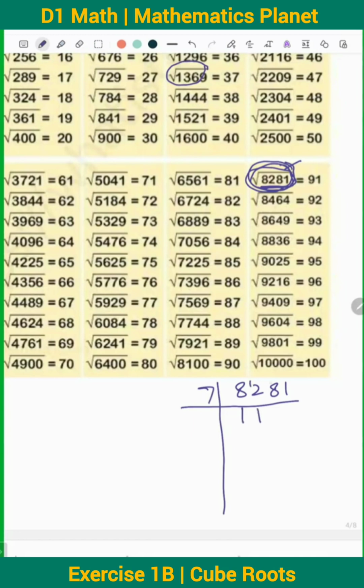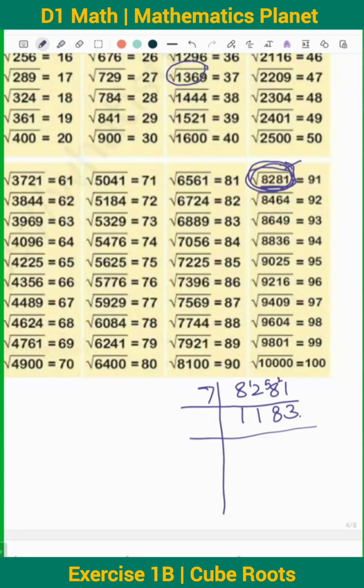11, 12. 7 times 7 is 49, 7 times 8 is 56. 7 times 3 is 21. Good one. Okay, next. With which table now it will go?